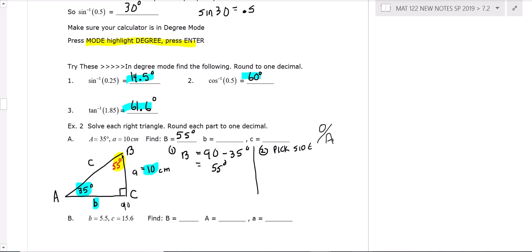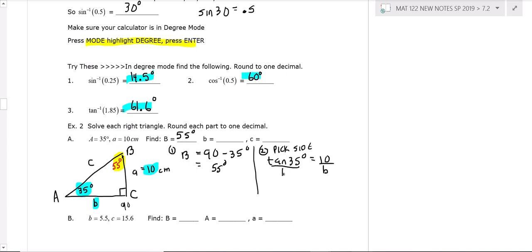Okay, that would be the tangent. So you would say tangent of 35 degrees is equal to side opposite, which is 10, over b, like that. Now that would give you an equation that you could go through and solve. Now what I recommend you do on this is you can just cross multiply this.